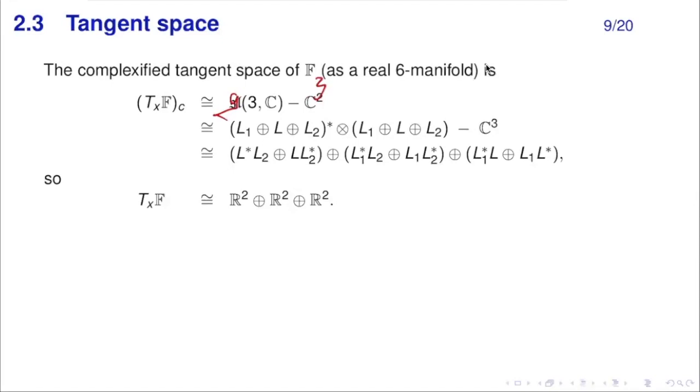GL3C is C3 star tensor C3, and we've already said that a point of the flag manifold divides C3 into 3 lines. So if you put that all together, you see that the tangent space, when you've complexified it, is the sum of these 3 pieces, and that's just saying that the real tangent space is the sum of 2 planes, which correspond to the 3 fibers.